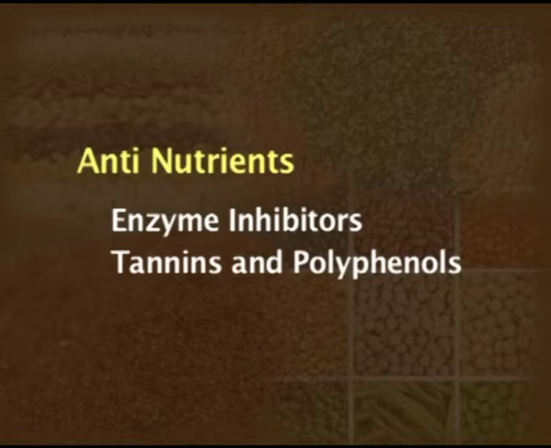Now, the various antinutrients are a couple of them. For example, the enzyme inhibitors, the tannins or the polyphenolic compounds. Now, these are found mostly in millets, and also the phytates, as I spoke to you earlier.